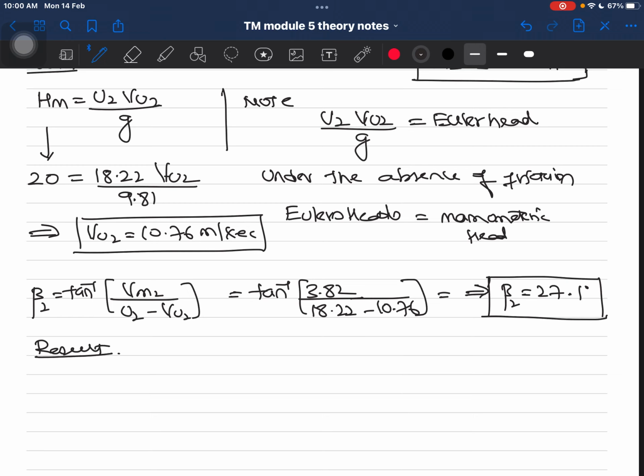Since you have calculated the values of beta 1 and beta 2, just write the result statement at the end. Do not forget to write a result statement in each and every problem you attend in your examination.